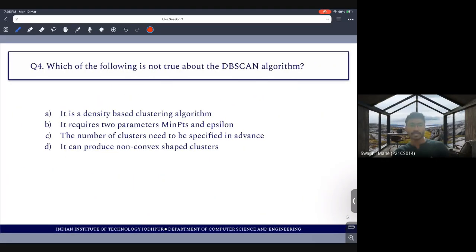Which of the following is not true about the DBSCAN algorithm? Please let me know what the correct option is.